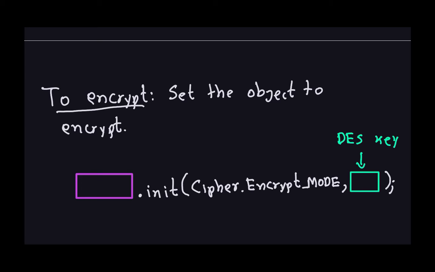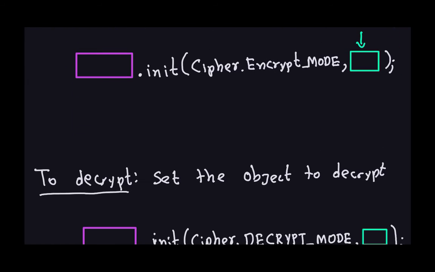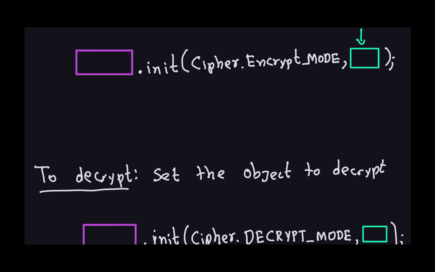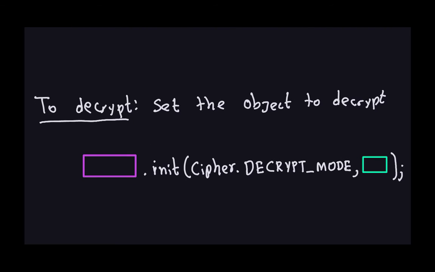So let's see that. To decrypt, you're going to set this object to decrypt. You see, it's exactly the same as this one here, exactly the same line of code, except that this last part says decrypt mode. So this is going to set your object to decrypt.